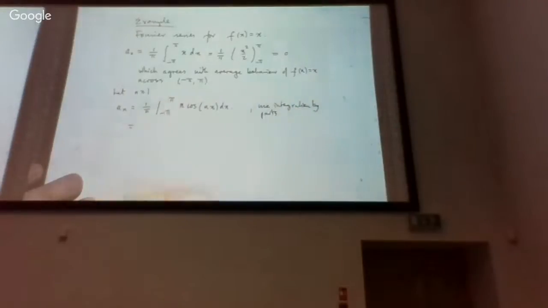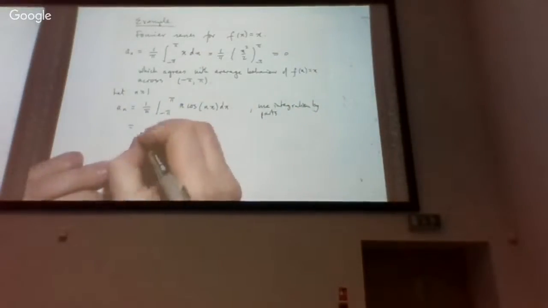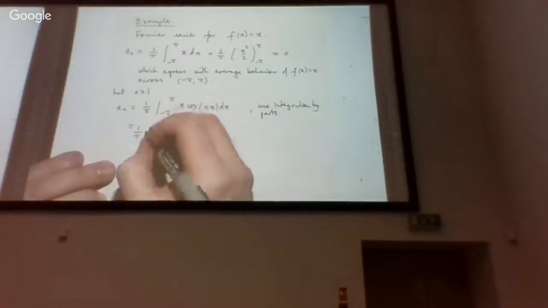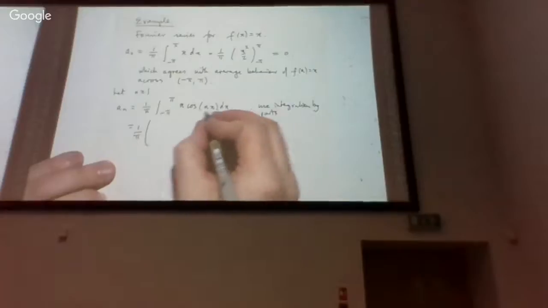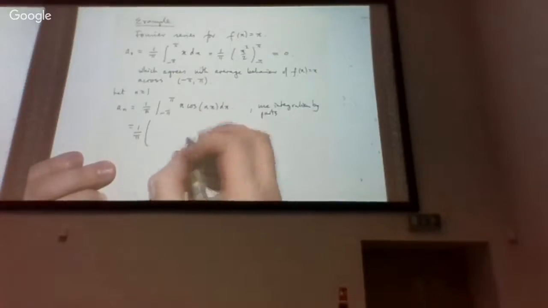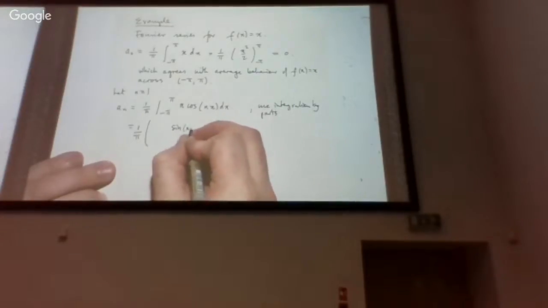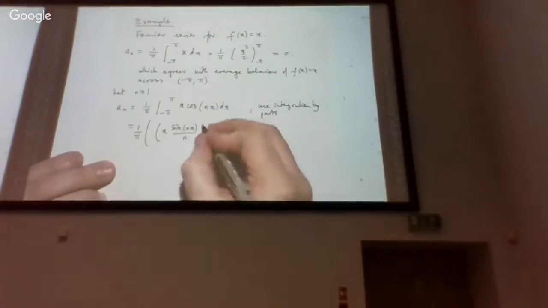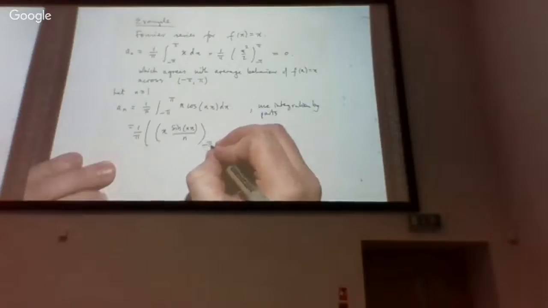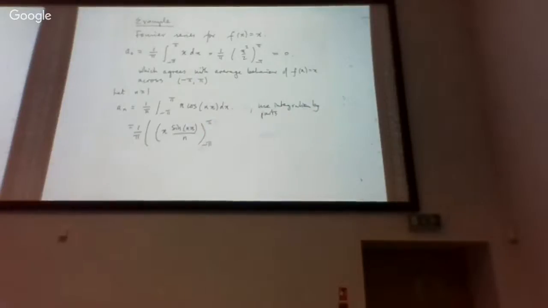All your standard techniques of integration, you need to have ready and waiting to do these. So integrating this by parts, we think of the cosine function as the derivative of sine of nx over n. We need to multiply that by x, so that product evaluated at minus pi and pi is one part.